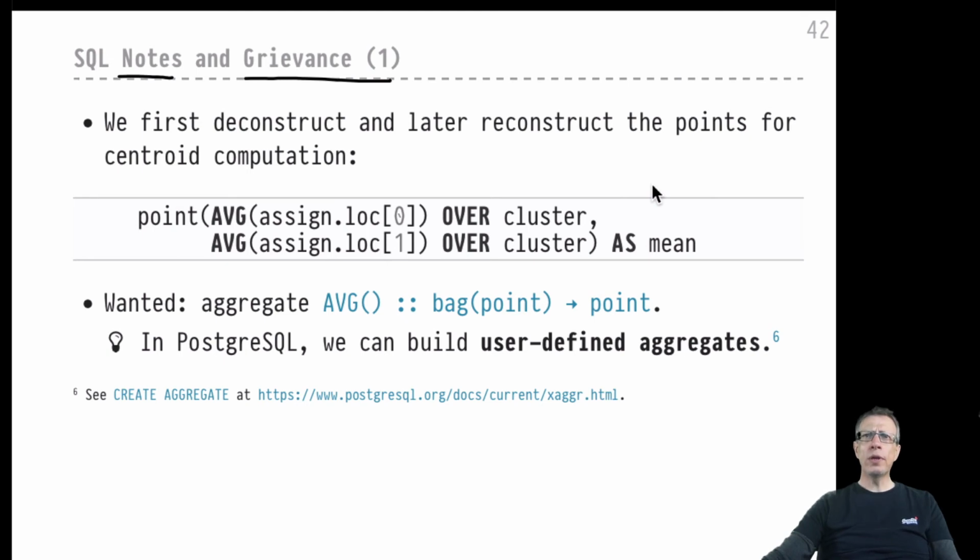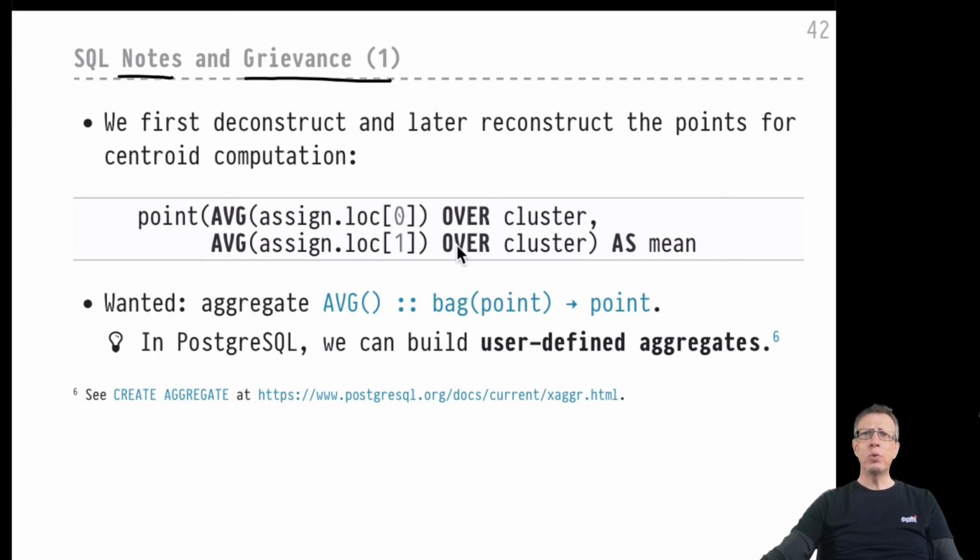So one thing is in the code, when we create the new cluster mean, what we do is, well, we deconstruct the points and their locations into their explicit x and y coordinates here, using the square bracket notation to access the x and y coordinates. We have done that before.